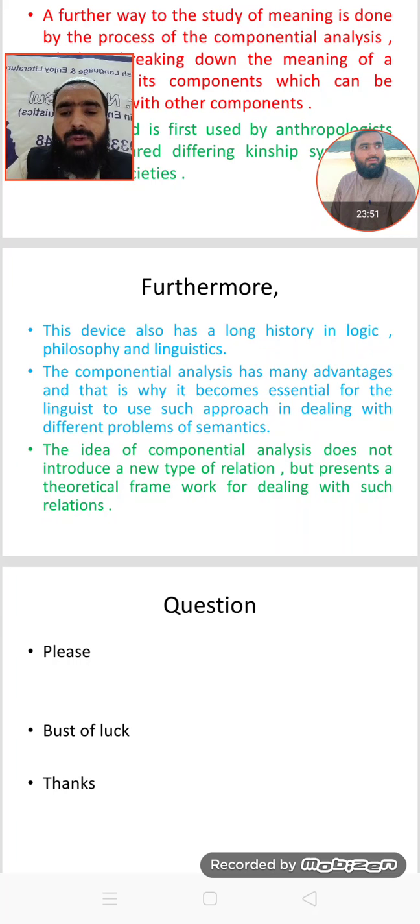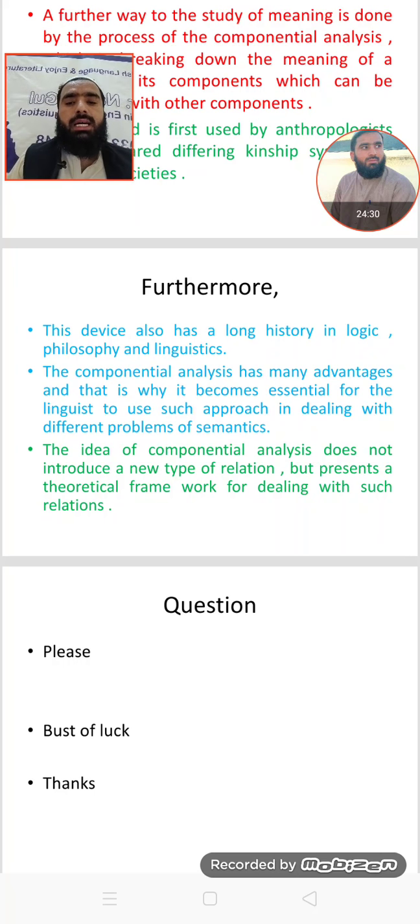The idea of componential analysis does not introduce a new type of relations, but presents a theoretical framework for dealing with such relations. Remember students, componential analysis is not introducing new relations in semantics, but studying already existing relations, like synonymy, antonymy, hyponymy, and polysemy.